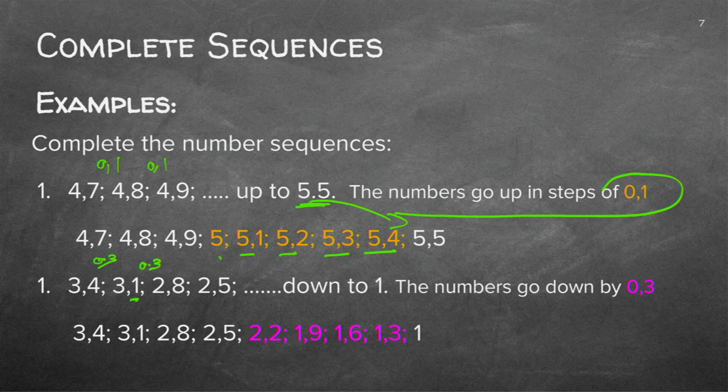And if it's the same again, we know we have got a pattern. So here we can go: 3.4, 3.1, 2.8, 2.5, 2.2, 1.9, 1.6, 1.3, and there is our 1.